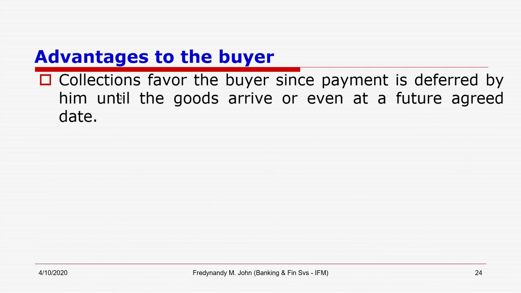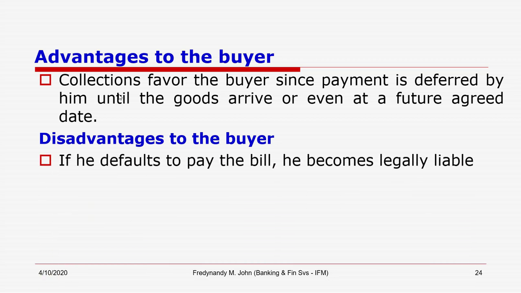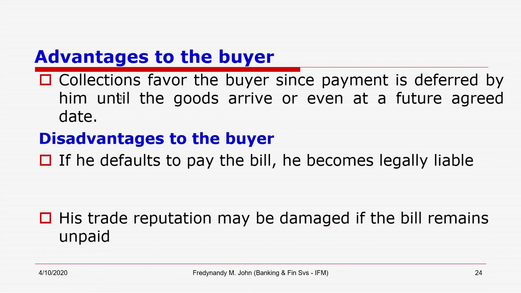Advantage to the buyer. Number one, collections favor the buyer since payment is deferred by him until the goods arrive or even at a future agreed date. But this is only in the case of document against acceptance. The disadvantage is that if he has already accepted the bill of exchange, he will be legally liable to pay the bill on maturity.